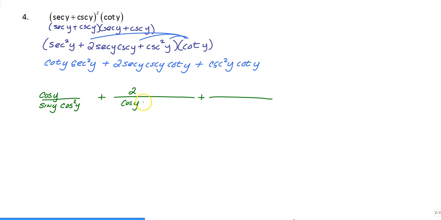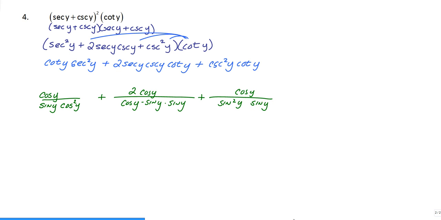Cosecant y becomes sine y in the denominator. Cotangent y again becomes cosine y over sine y. And the last one, cosecant squared on top becomes sine squared y on the bottom. And one last time, cotangent y is cosine y over sine y.